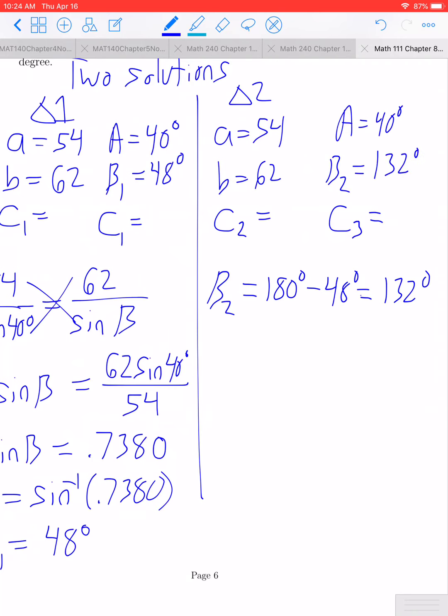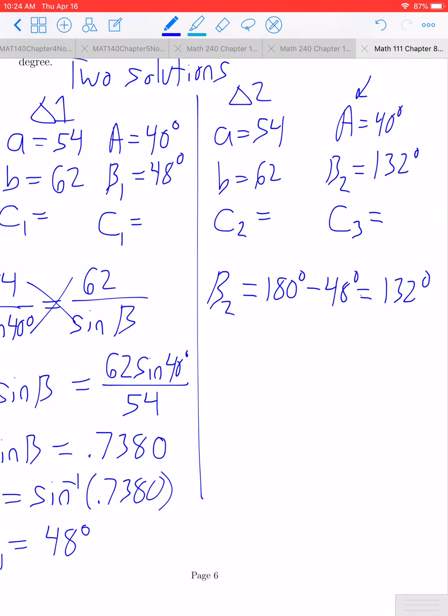And the reason why that works is with an angle B equal to 132 degrees, angle A is 40. That still leaves us with extra room or extra measurements to complete a third angle, which we would call C3 in that case.